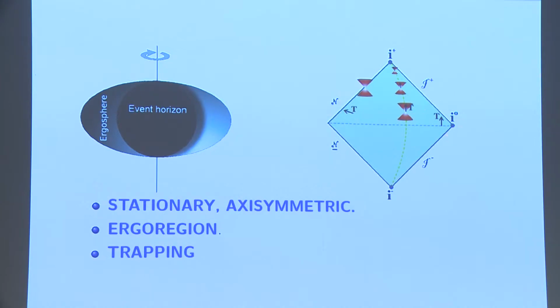Now here you also see the vector field capital T, which is the stationary Killing vector field. You see it's time-like. It means it goes in this direction as you approach infinity. So remember, this is the boundary at infinity. Now the remarkable thing that happens is that T becomes actually space-like near the horizon. So even though it started by being time-like, near the horizon it's space-like, and that leads to lots of issues.